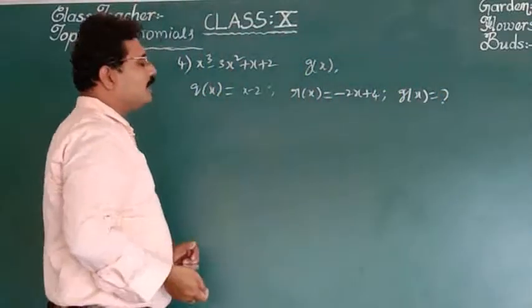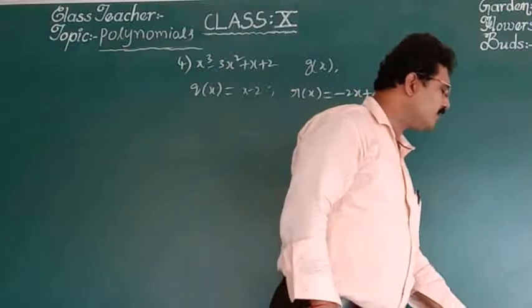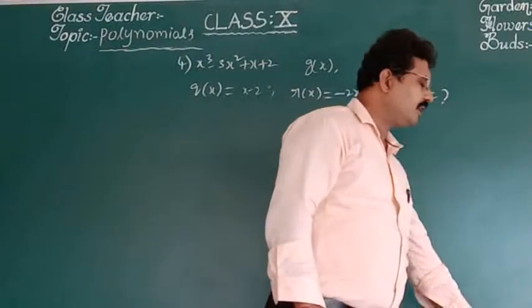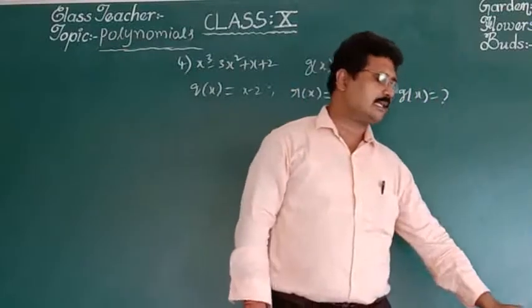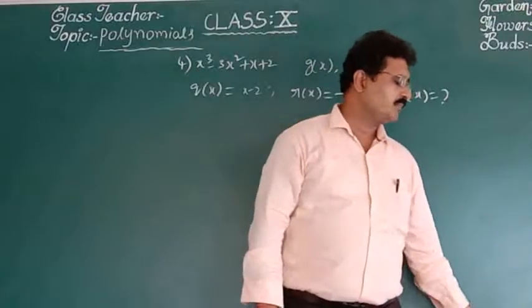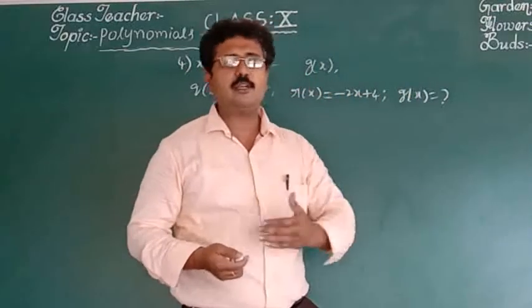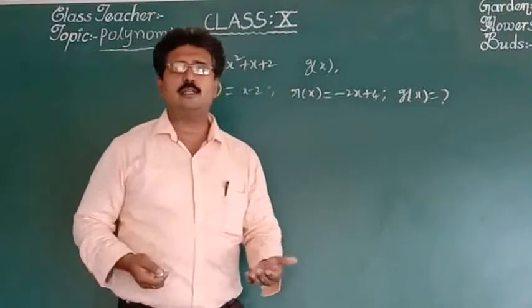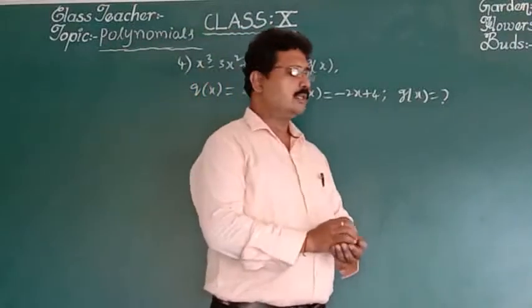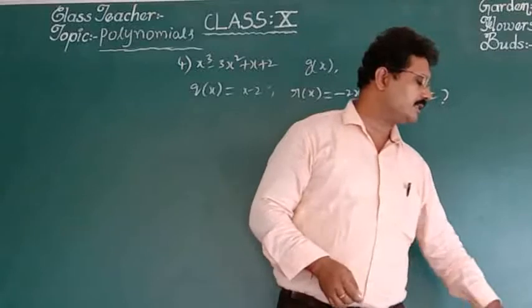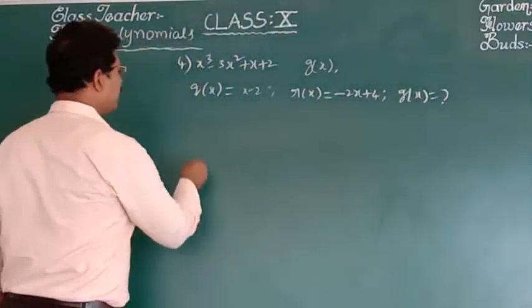Now see, the given x cube minus 3x square plus x plus 2 is p of x. Yesterday we discussed the division rule: dividend is equal to divisor into quotient plus remainder. Here the dividend is p of x.